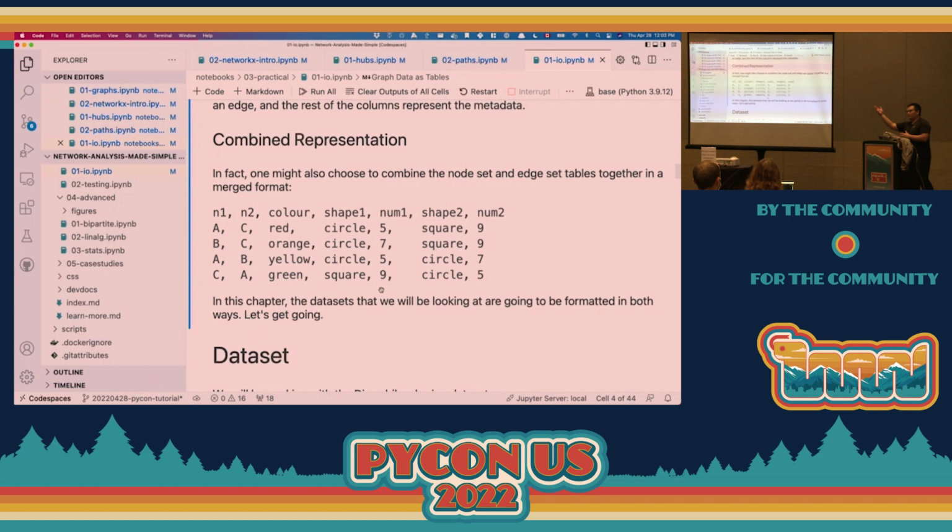That is the price of convenience: you get a lot of duplication in your data. The most compact representation is what's called fully normalized in database land, where you have normalized tables with just the node information and just the edge information, not combined together. But this is also possible.